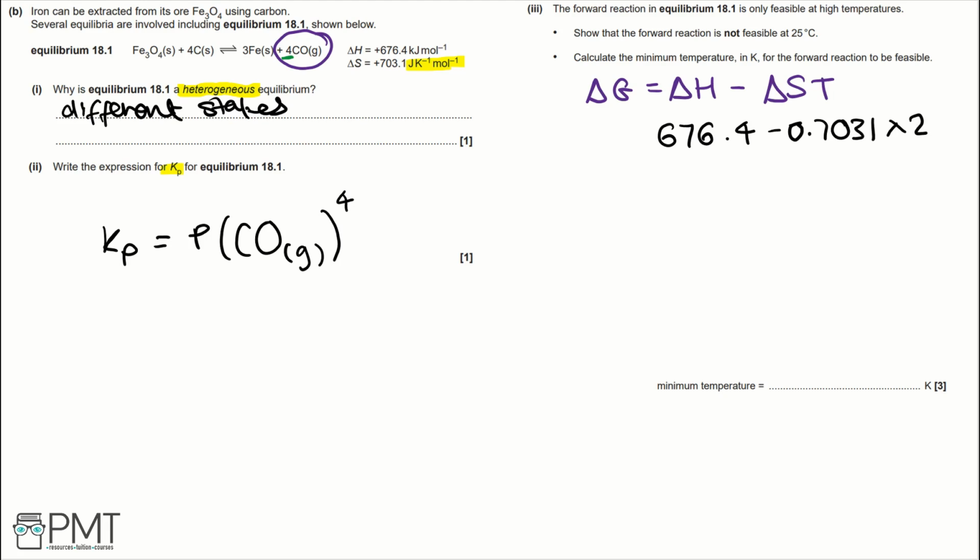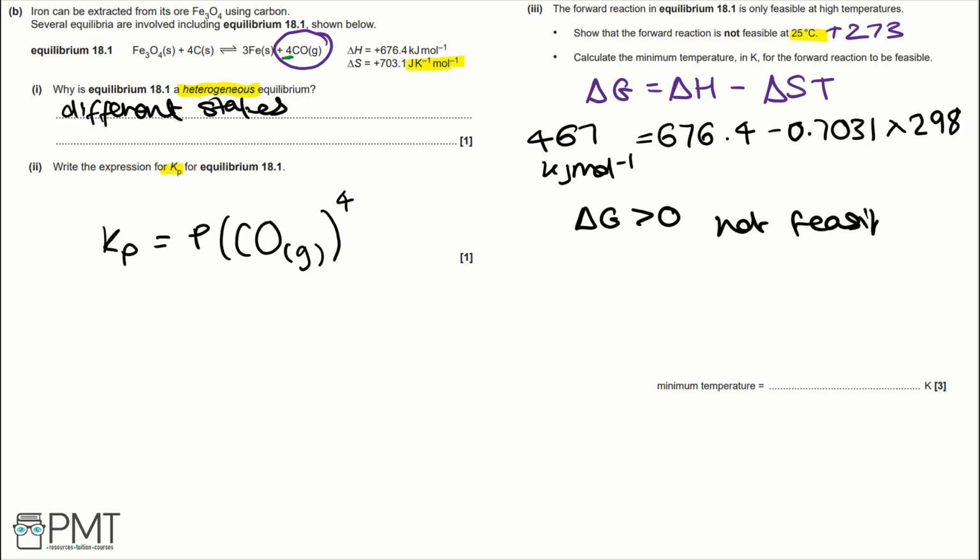So it's 298, because to convert 25 degrees Celsius into Kelvin, we need to add 273. That gives us a delta G value of 467 kilojoules per mole, and that means that delta G is bigger than 0, so it's not feasible. That's a key statement we need to write in this question.